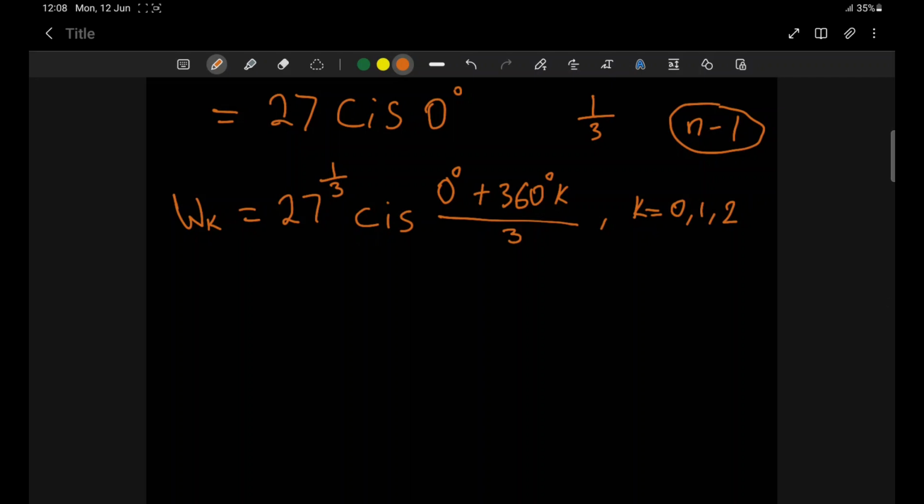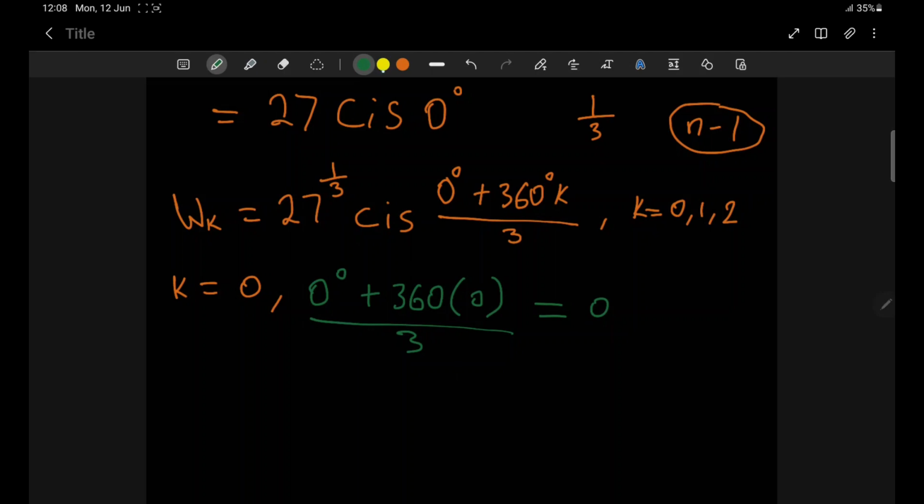So let's start with k equal to 0. Our angle will be 0 degrees plus 360 times 0 over 3, so our angle here will just be 0.